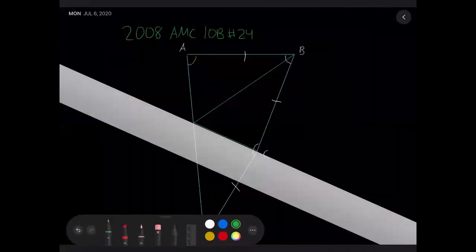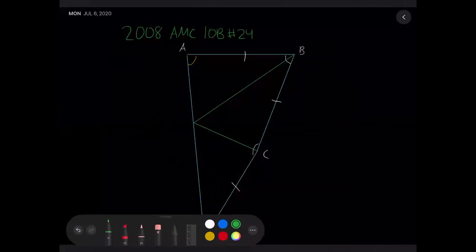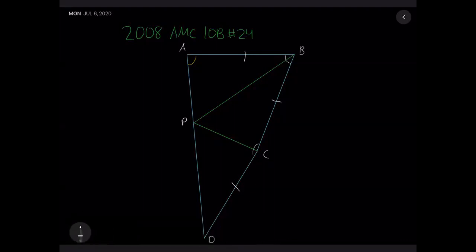But how would we prove that? Well, obviously we know that they have to intersect somewhere, and we're going to call that point P. Now what we need to do is prove that P is on segment AD.